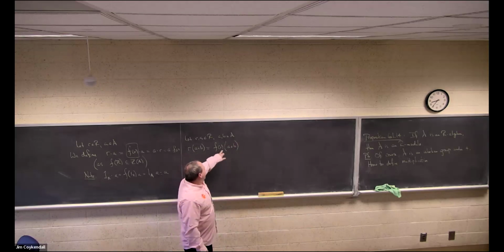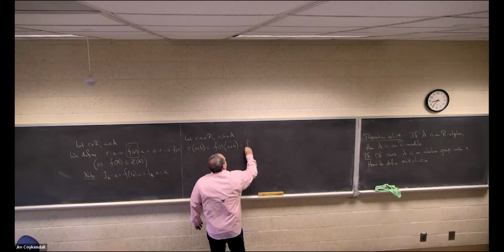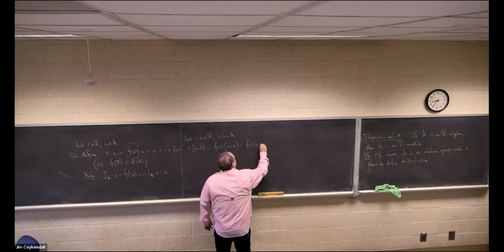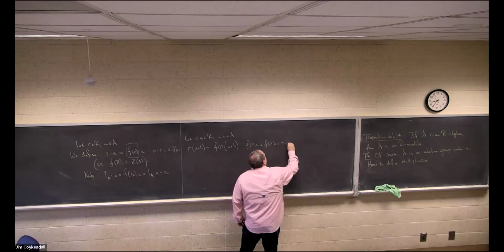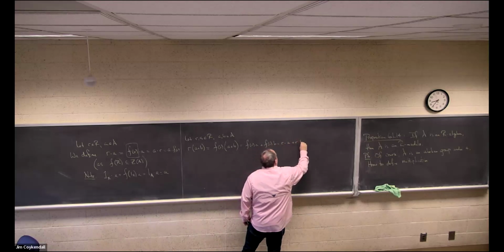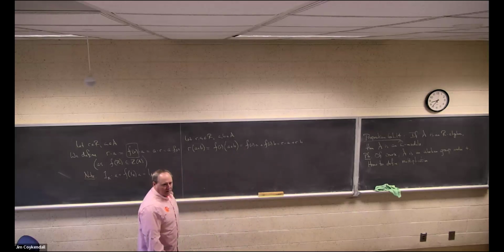But f(r) now sits in the ring A, as do a and b, and it's a ring, so it's got the distributive property. So this is f(r)a plus f(r)b, which is r times a plus r times b. Okay, so that bit of the module stuff works, and it's easy to check that it works on the other side because f(r) is in the center.